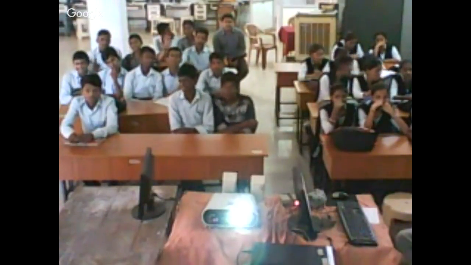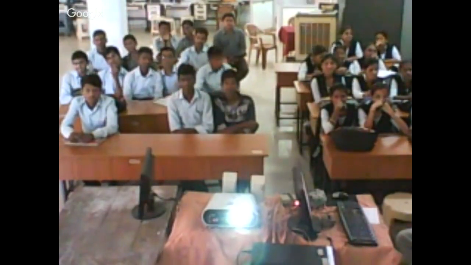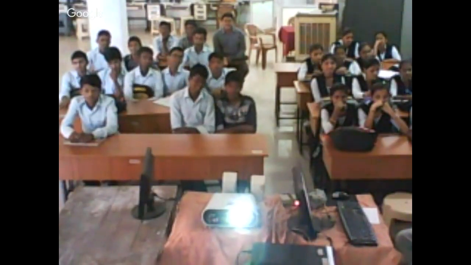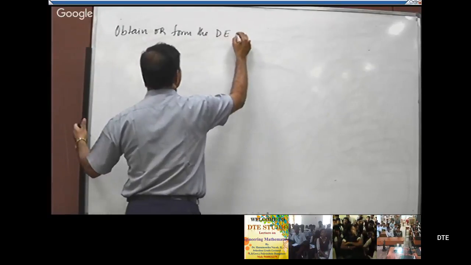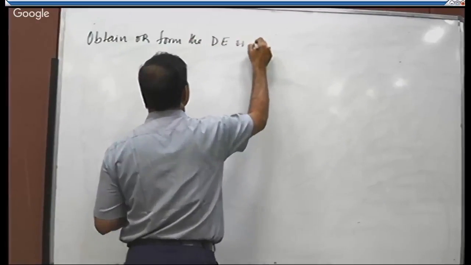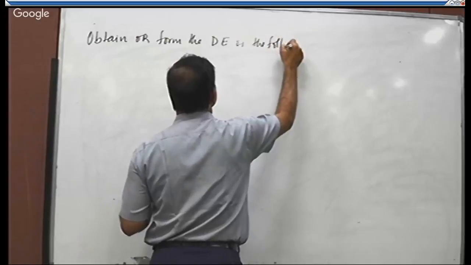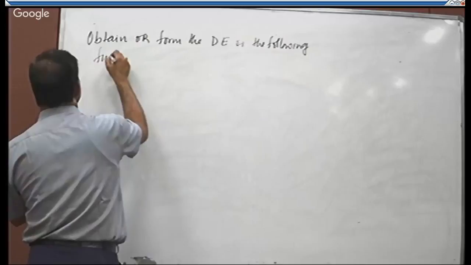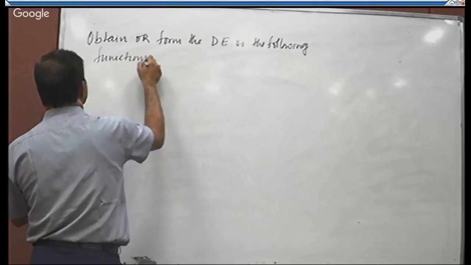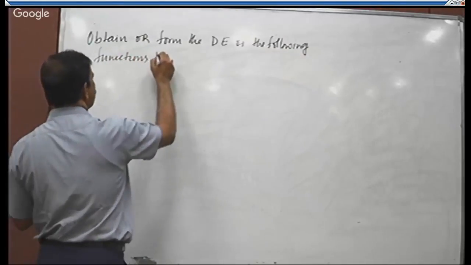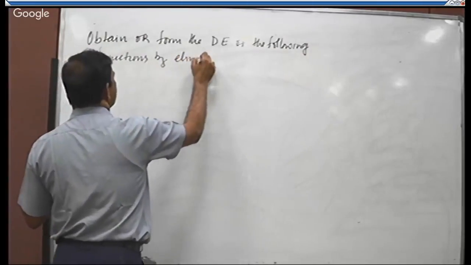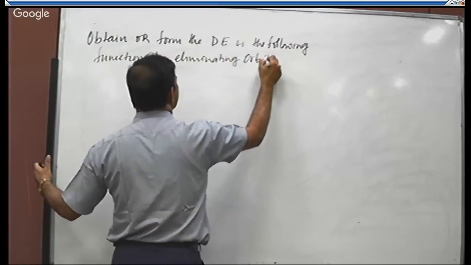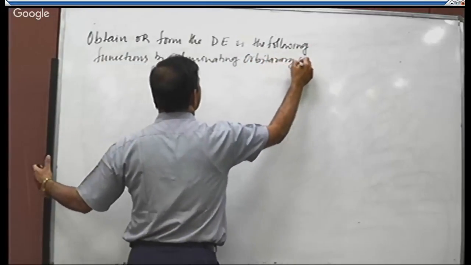The question will be like this: obtain or form the differential equation of the following functions by eliminating arbitrary constants.